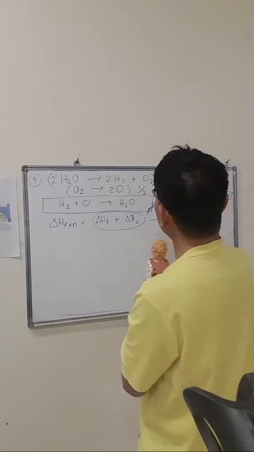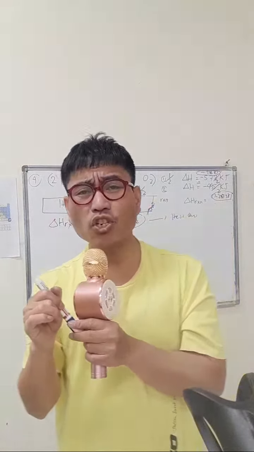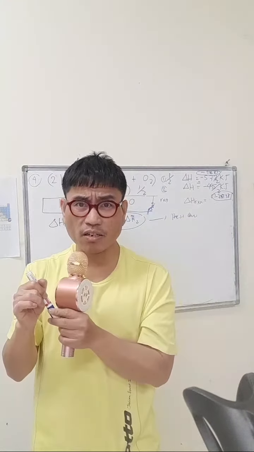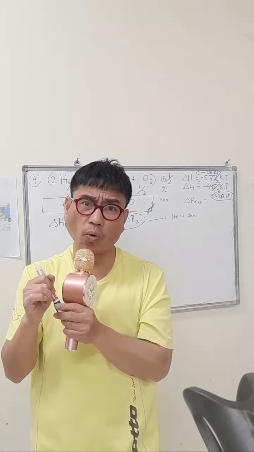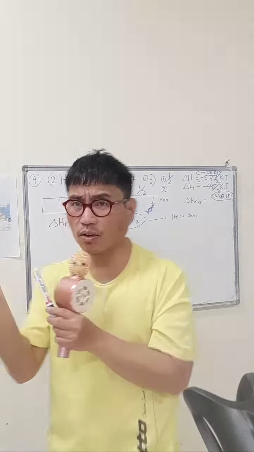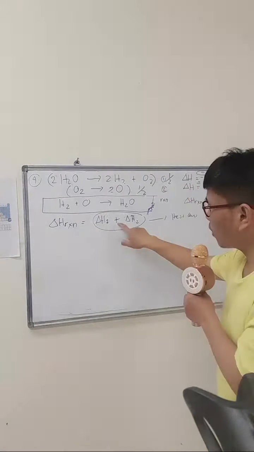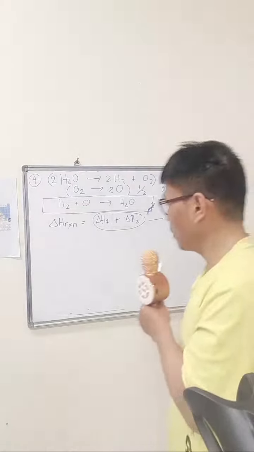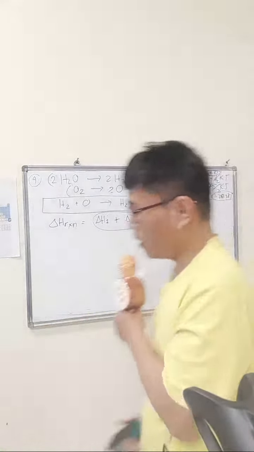The definition of Hess's law is the constant heat of summation. The enthalpy change of the reaction is equal to the changes of the heat involved in equation 1 and equation 2. So you never subtract this. You always get addition.